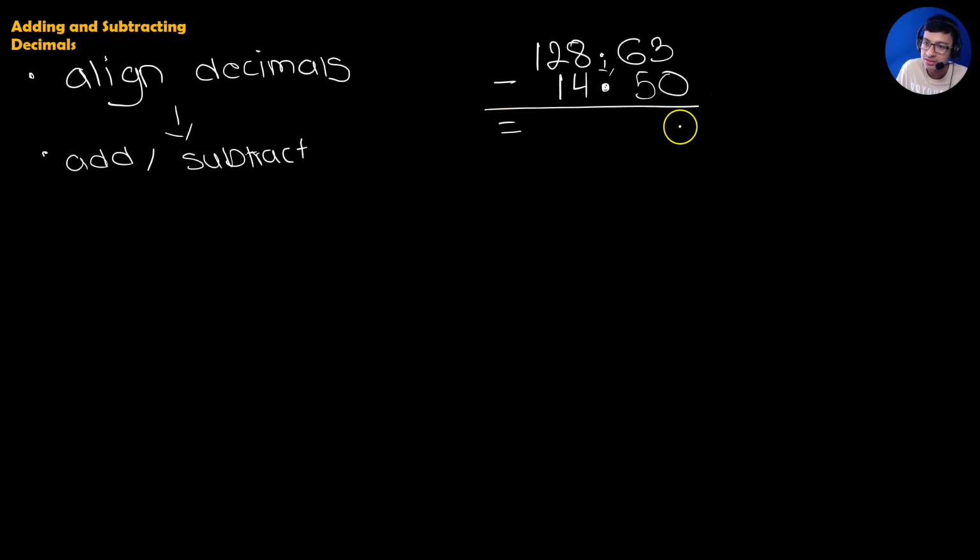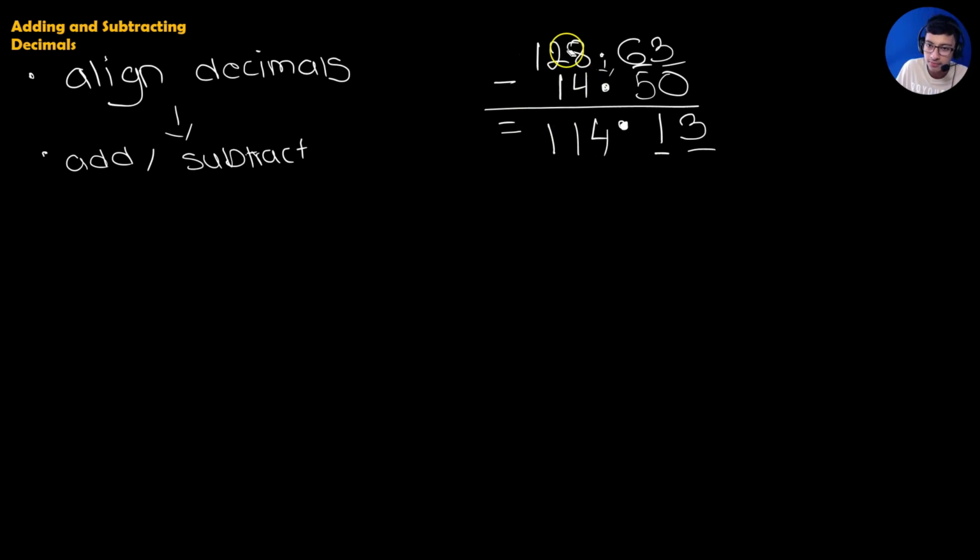So 3 minus 0, 3. 6 minus 5, 1. Don't forget to add the decimal in our answer. So point, because two decimal places. 8 minus 4, 4, 2 minus 1, 1, and 1 minus 0, 1. So our answer is 114.13.